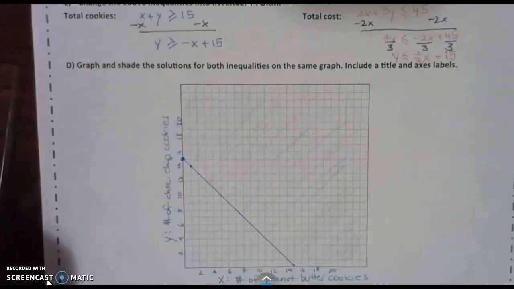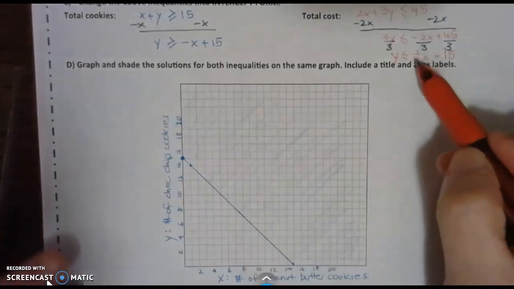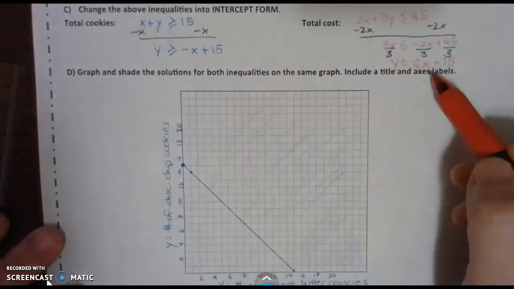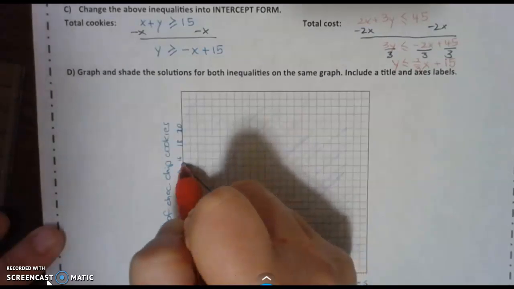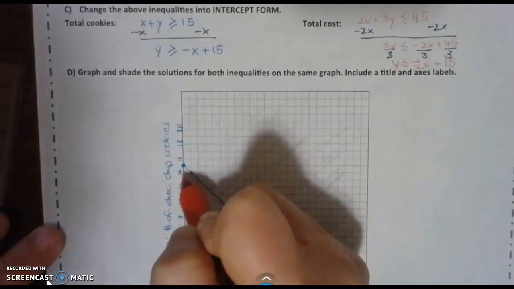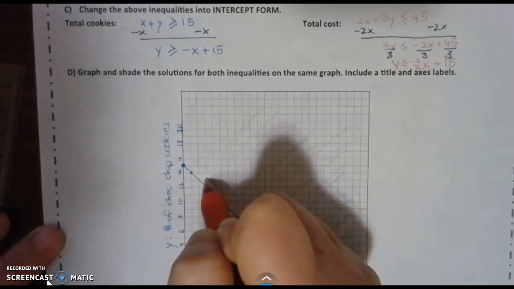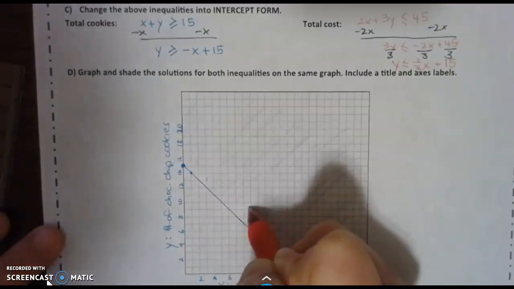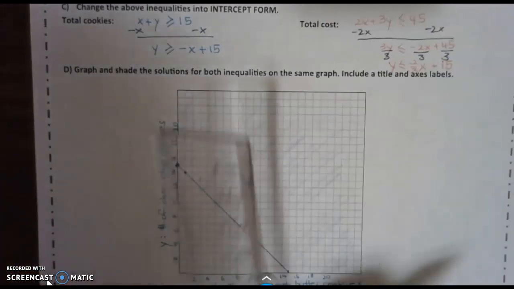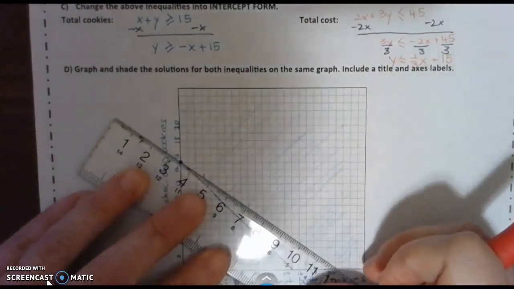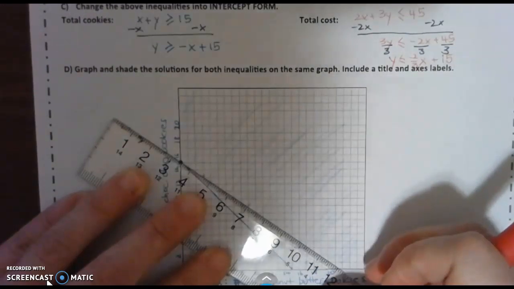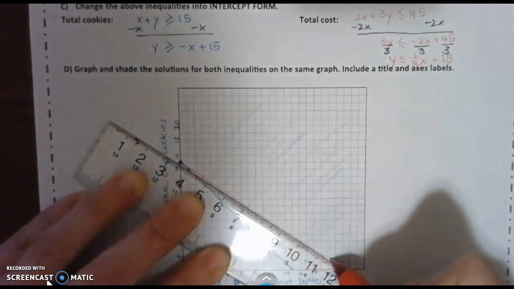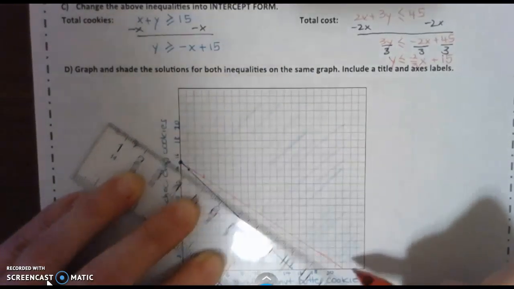Okay, alright, then let's do the next inequality. y is less than or equal to negative 2/3x plus 15. So we have 15 again. This time the slope is negative 2, right by 3. So negative 2, right by 3, negative 2, right by 3, and so on. Okay, and again, this is going to be a solid line.